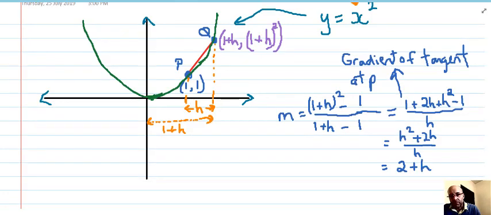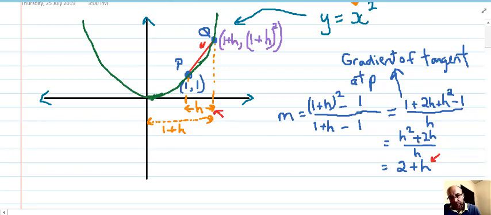Okay, a little bit of analysis now. As this red line gets shorter and shorter as Q starts to approach P, h starts to get smaller and smaller. You can see that. Anything with h in it gets smaller, and as h approaches 0, something special happens.